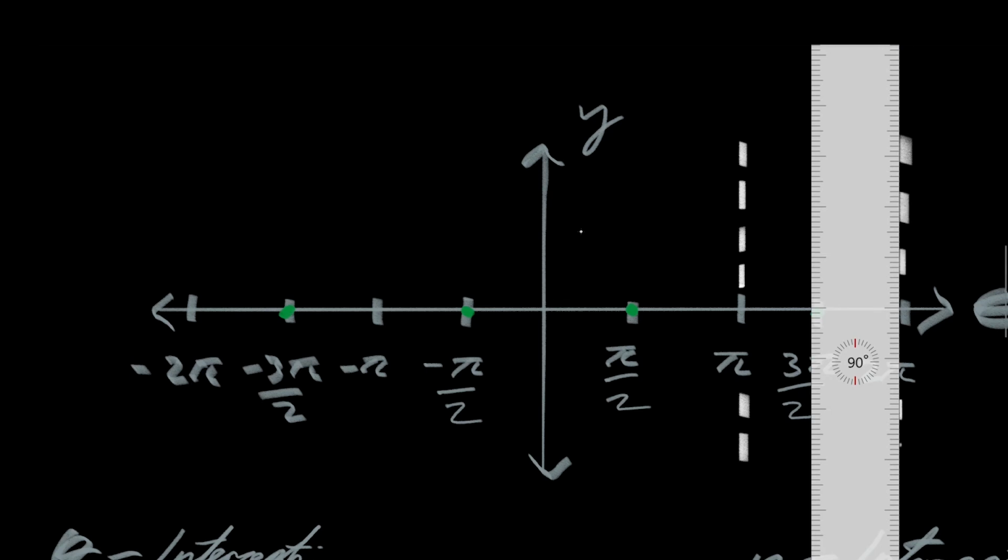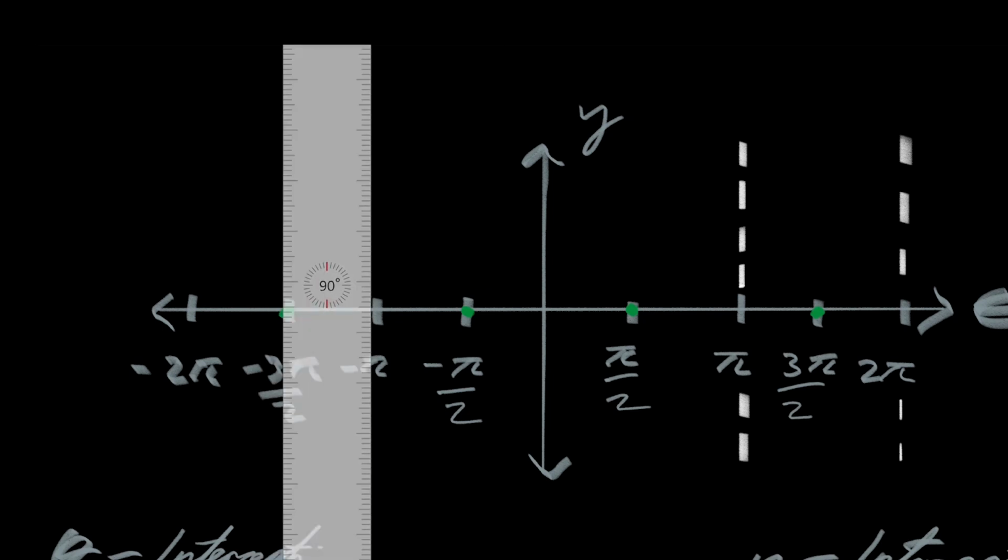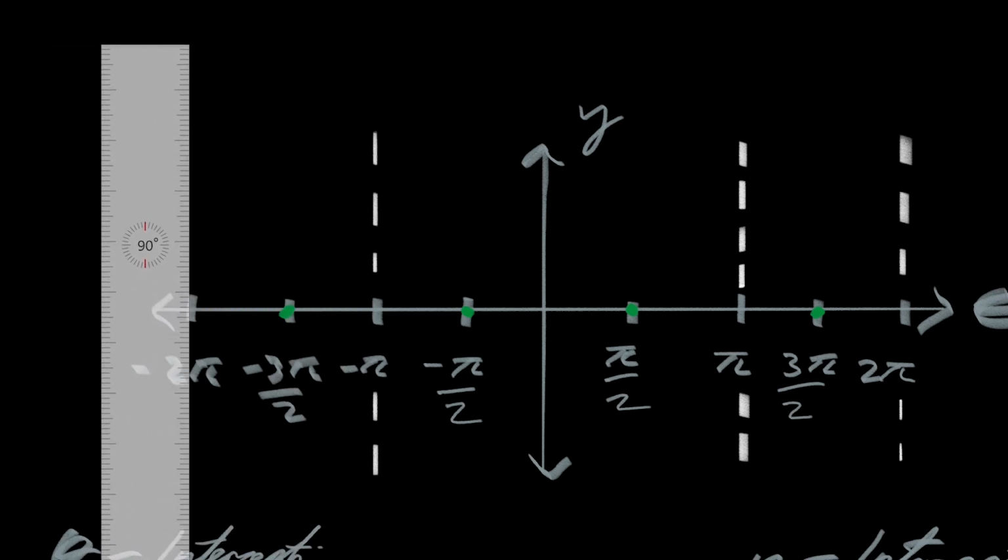Let's put one in at negative pi. So these asymptotes are just these values for theta which make cotangent of theta undefined. Okay, our graph cannot cross these asymptotes.